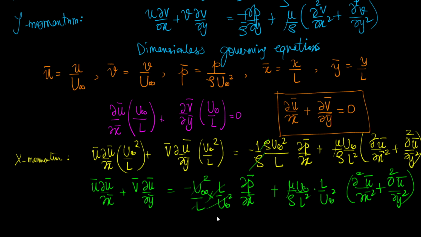This cancels out, so this whole thing is 1. And this L cancels out, so rho u infinity L upon mu. So this becomes 1 upon Reynolds number. You can easily verify this calculation at your own leisure.